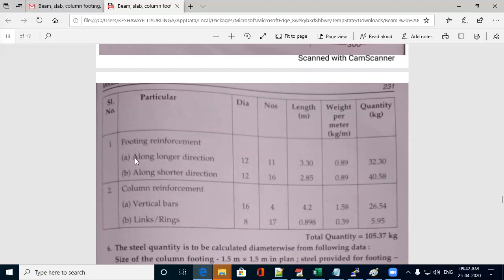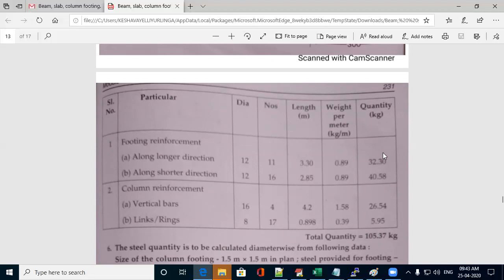First, for the footing reinforcement, you have to do it along the longer direction and the shorter direction separately. Along the longer direction, we know that there are 11 bars of 12 mm dia, each of length 3.3 meter, and the weight per meter you have to calculate, as I said, using the density of the steel and the area of the bar. When you work out, you will get 32.3.